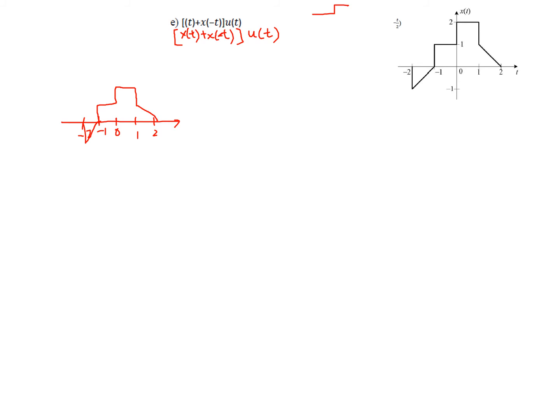Alright, so this is x(t). And then we need to draw out x(-t), preferably at the same axis, so that you can see it easier later. So this is negative 1, this is negative 2, this is 2, this is 0, 1. Alright, so now everything comes from the other side because it's just a time reversal.